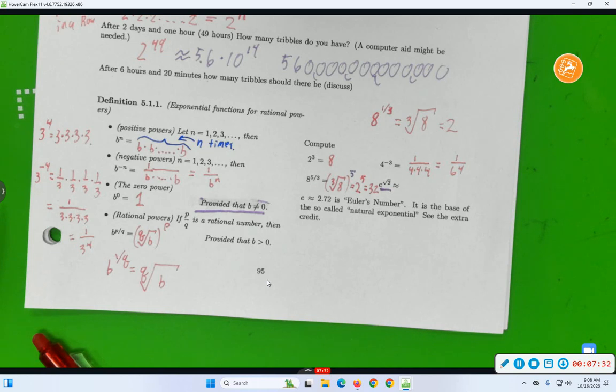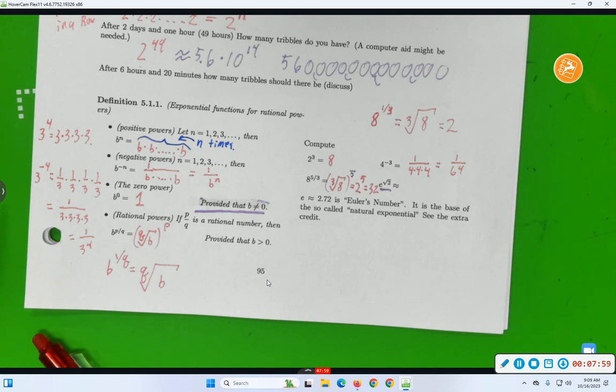And really what you want to define something like e to the square root of 2 as, well, if you take the first 100 digits of the square root of 2, that's a rational number. So you could use this definition. You just have to start by taking the 10 to the 10,000th root of e, and then you raise it to a big power.